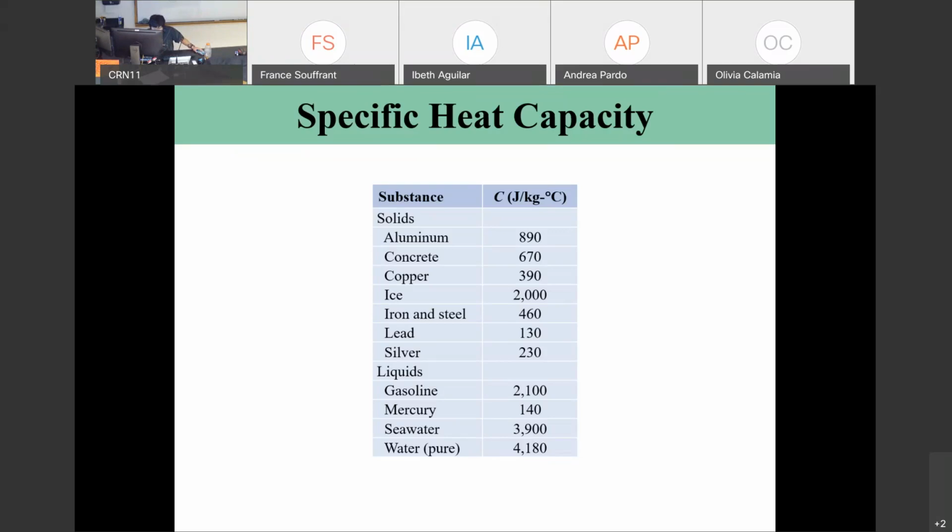So it does take more time. That's because the amount of energy to increase iron or copper or silver temperatures by 1 degree Celsius is much less than water.